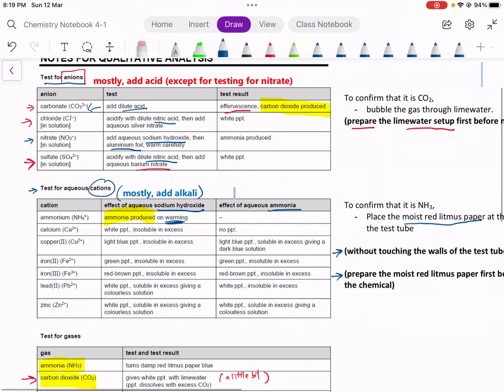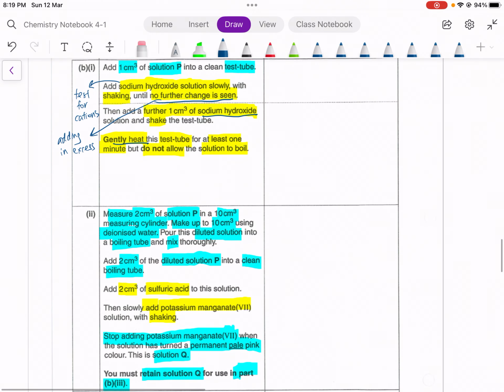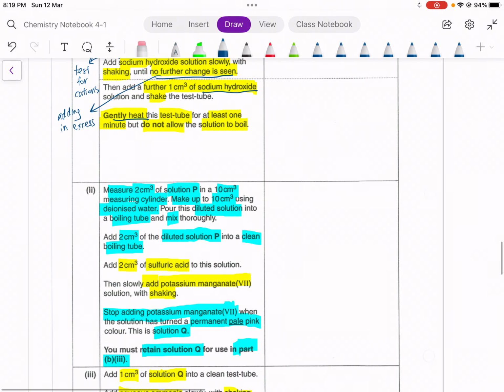Moving back to the question, they are asking us to test for ammonium ions. So if there are ammonium ions present, we should look for ammonia gas. Then we need to stand by moist red litmus paper.